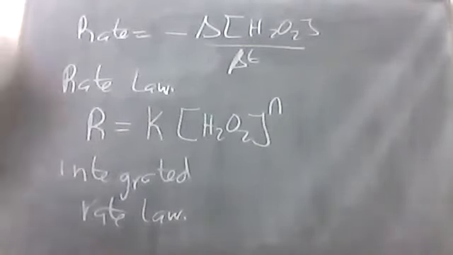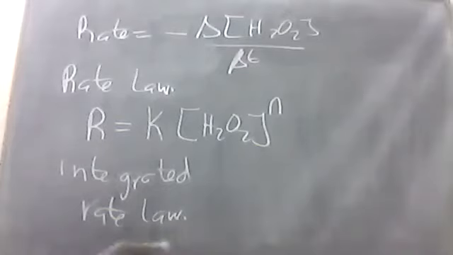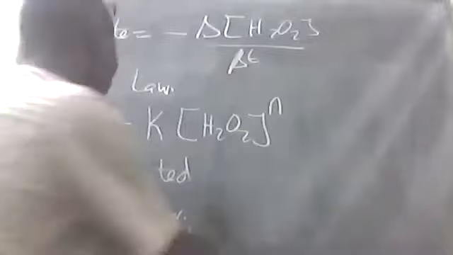So it's the same. You have to plot the one that is going to give you a linear slope. Then you know that is the integrated rate law you are going to use for the decomposition of peroxide. So it's the same values that have been given.